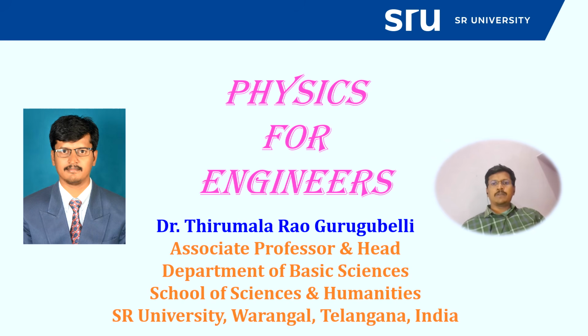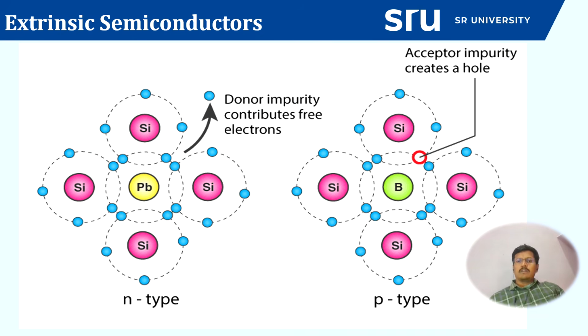In this video, we will discuss extrinsic semiconductors. Up to this point, we have discussed intrinsic semiconductors, which are pure semiconductors. However, intrinsic semiconductors have a major limitation, that is, their conductivity is relatively low.